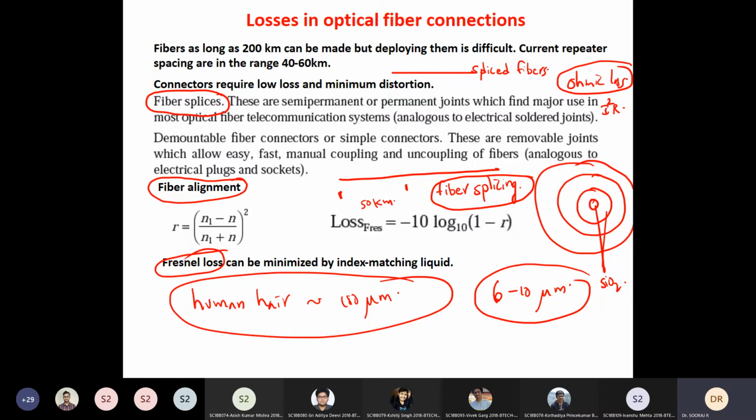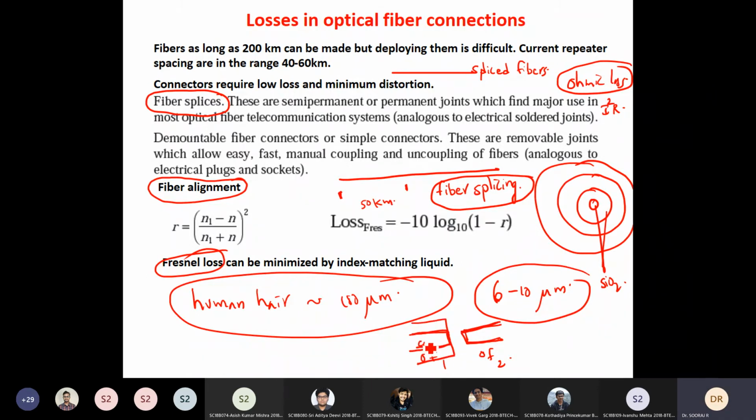Whenever you are joining two optical fibers, let's say that I have one optical fiber, this is optical fiber 1, and I have another optical fiber, this is optical fiber 2. So when I'm joining them, this is one end of the optical fiber, this is the other end. This optical fiber is going to have a core.